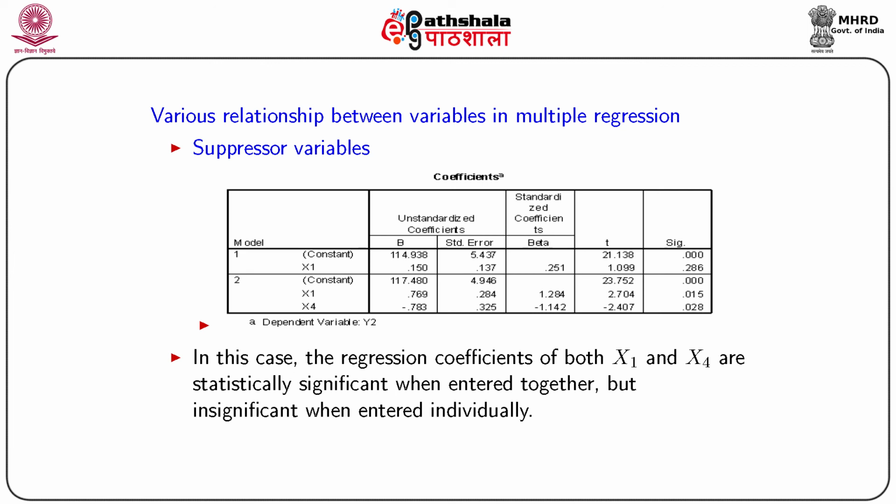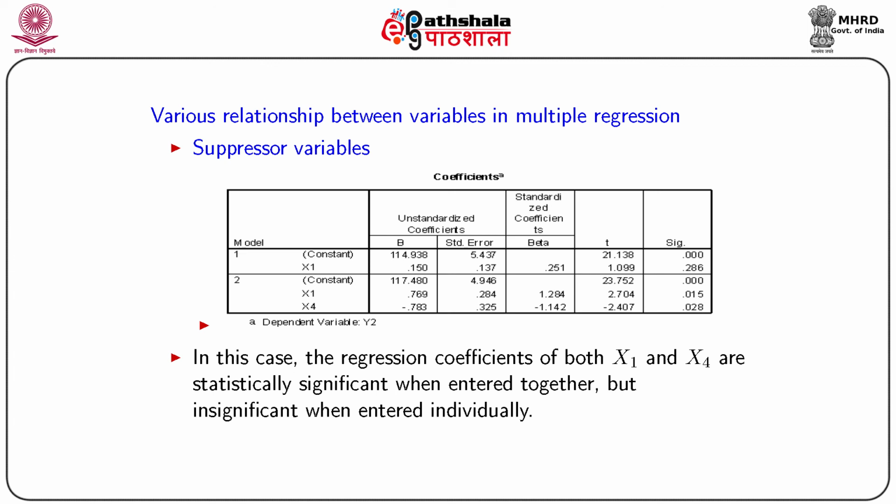We can also see that at a level of significance 0.05, x1 is insignificant in this model. However, in the second model, when we first enter x1 and then include x4 as the second explanatory variable, then at a level of significance 0.05, both x1 as well as x4 are significant in this model.